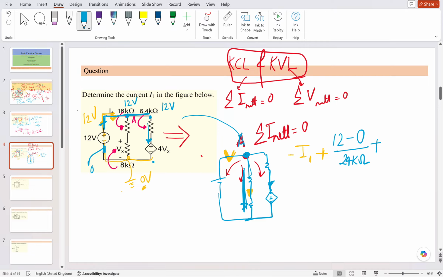It will be the voltage difference divided by the resistor. What is the voltage? 12 minus 4 times Vx, divided by 6.4 kilo ohms. So this is the one equation which we have got.